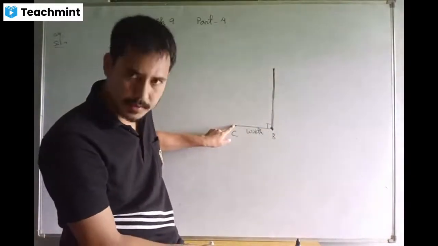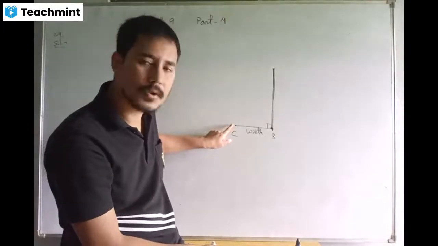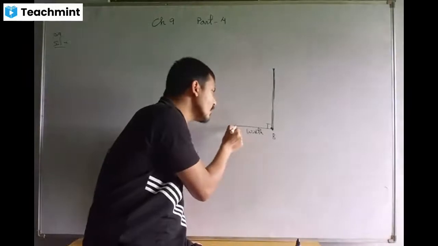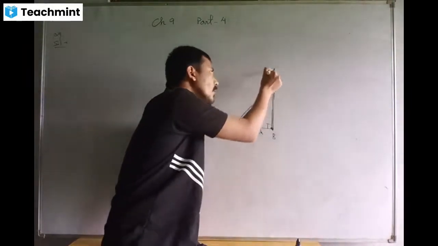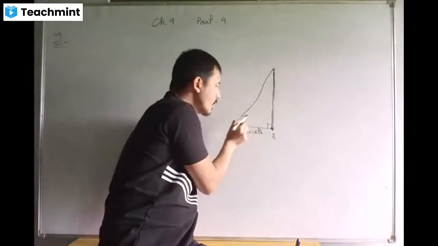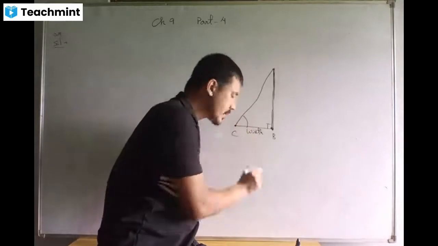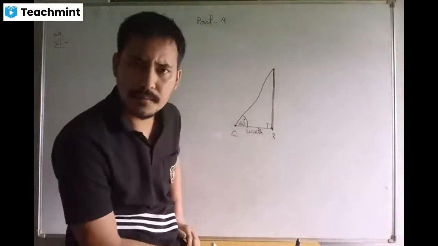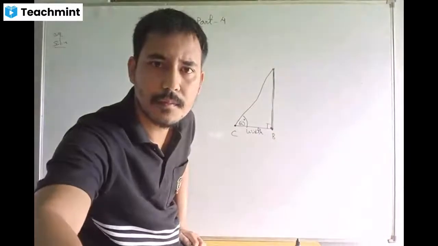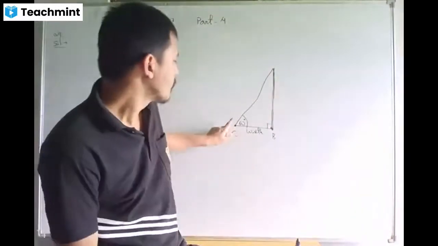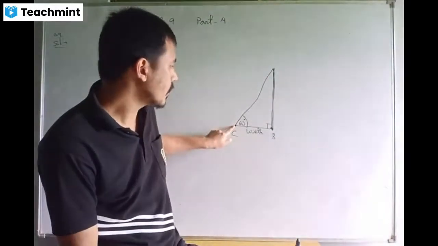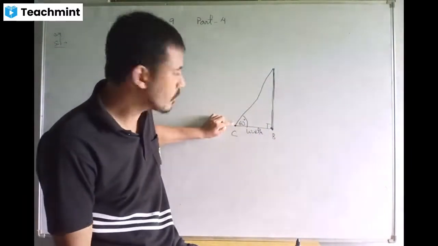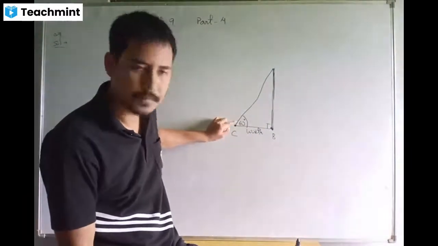On the opposite bank, the observer is on the opposite bank. From this opposite bank C, when you look up at the top of the TV tower, the angle of elevation is given to be 60 degrees. Are you following that? From this point C, where is C? The opposite bank, right?